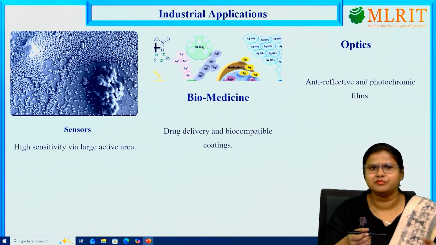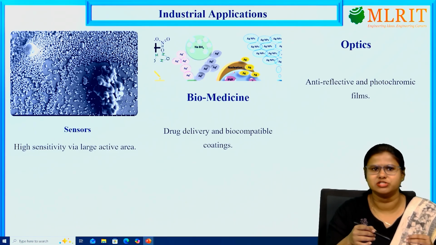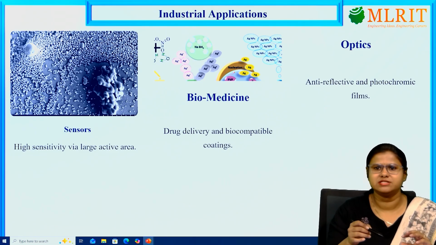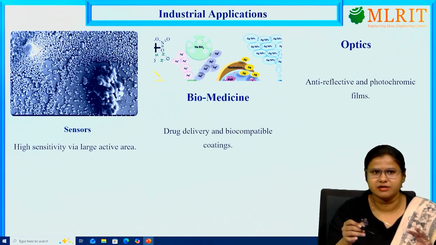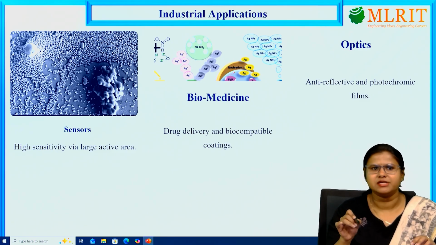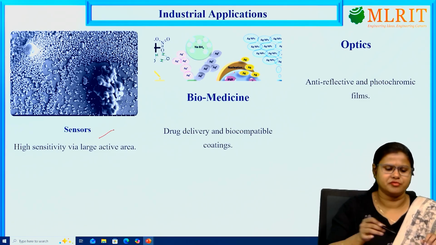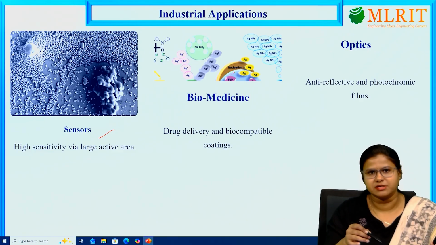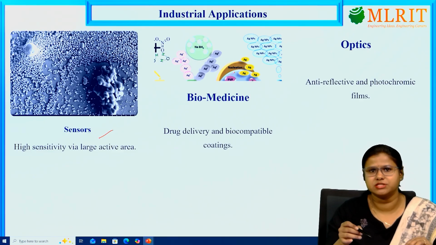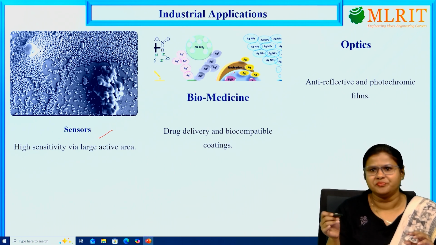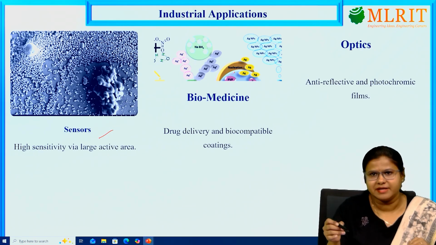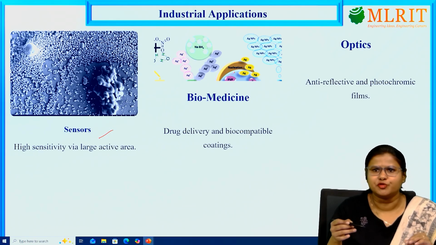Whatever nanomaterials we get by using the sol gel method are mostly used in different industrial applications, such as sensors, biomedicine, drug delivery and biocompatible coatings, and also in optical coatings, like anti-reflection and photochromic films.